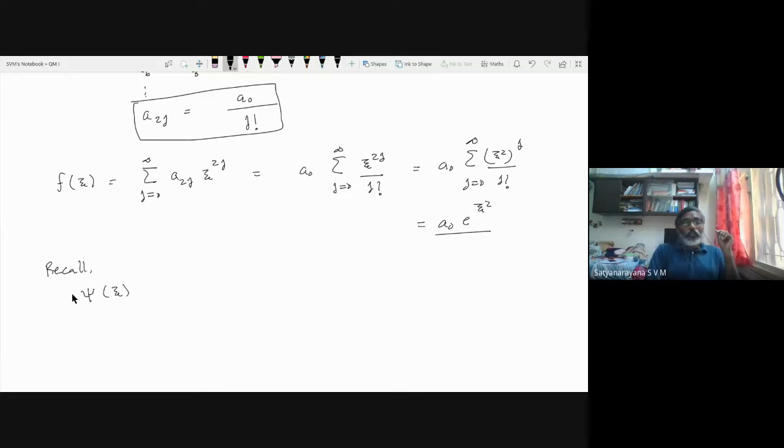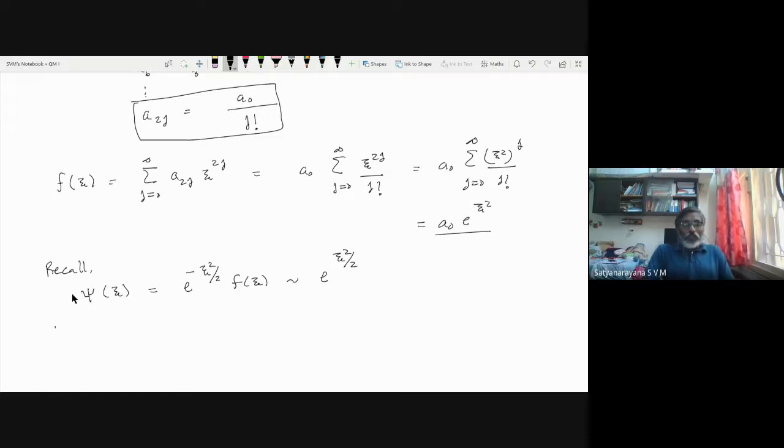Psi of xi is equal to e to the power minus xi square by 2 into f of xi. If f of xi is like this, that means it will go like e to the power plus xi square by 2, because this is plus xi square. Okay, and this does not satisfy the boundary condition.